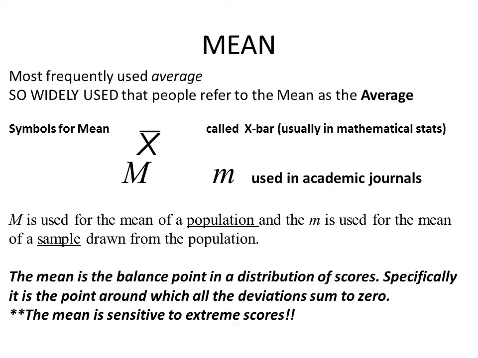Now, one important concept to understand about the mean is that the mean is the balance point in a distribution of scores. Specifically, it is the point around which all the deviations sum to 0. And the mean is sensitive to extreme scores.